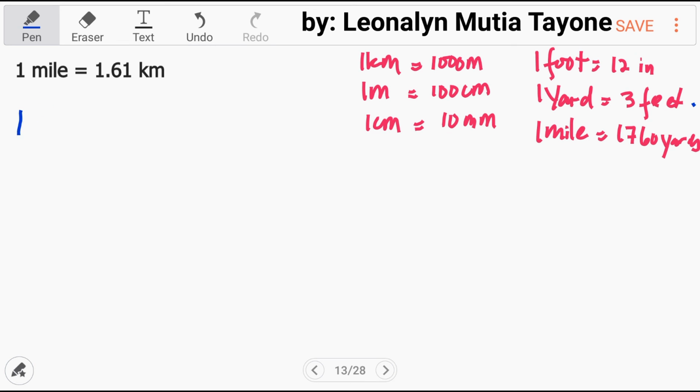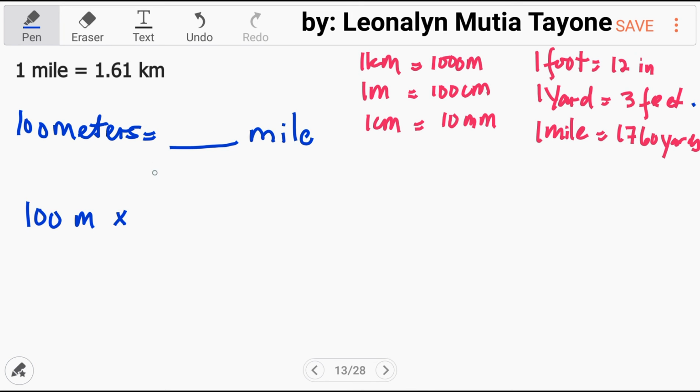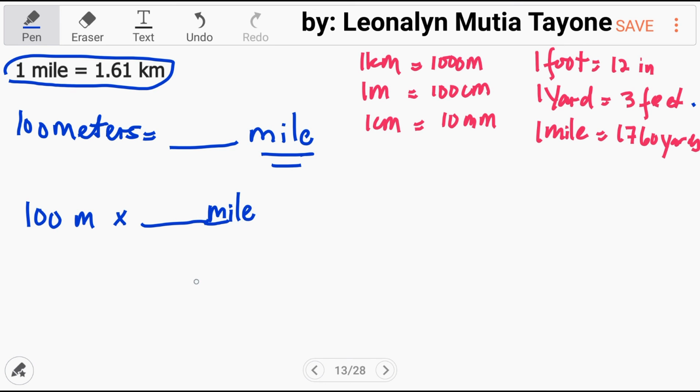Another example, 100 meters. I-convert natin to mile. Now, 100 meters. Tapos, ito ang gamitin natin. Yung i-convert natin sa mile, so nasa numerator si mile. Kilometers naman sa baba. Again, 1 mile is equals to 1.61 kilometer.